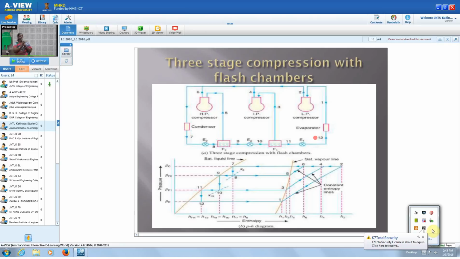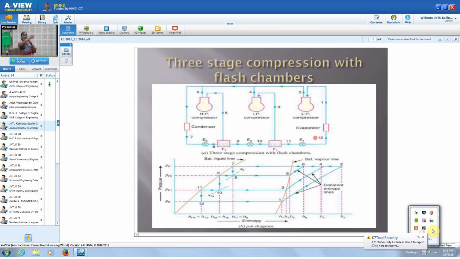So here we have the three-stage compression with flash chambers. In the flow diagram you can see one HP compressor, LP compressor and also an intermediate compressor, then the condenser, and there are 2 flash chambers and 3 expansion valves.